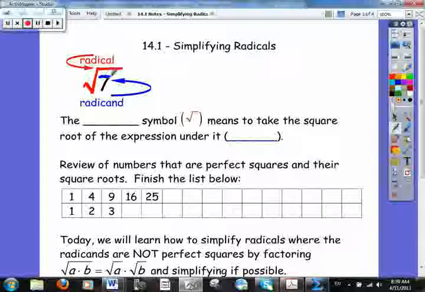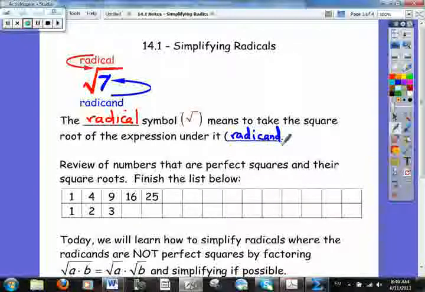What's underneath the radical symbol, or what's in the radical symbol, that is the radicand, and it can be numbers, it can also be variables. Alright, so the radical symbol means to take the square root of the expression under it. So the square root of the radicand.